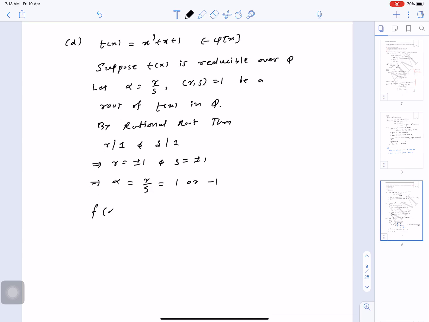f of 1 will be 3, not equal to 0, and f of minus 1 is minus 1 plus minus 1 plus 1 is equal to minus 1, which is not equal to 0.